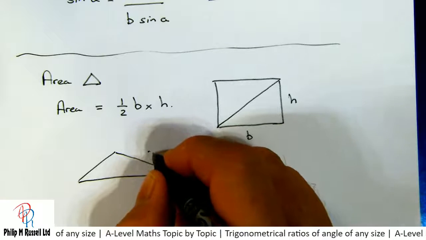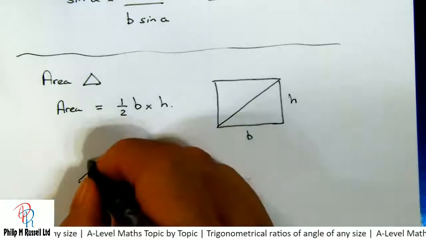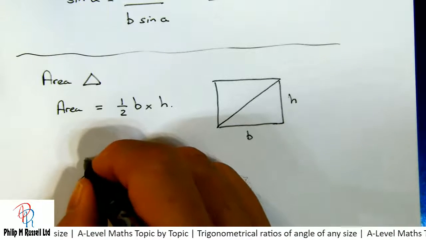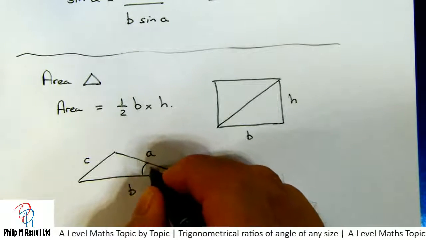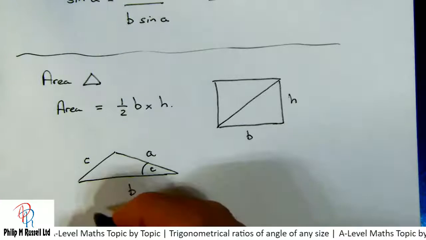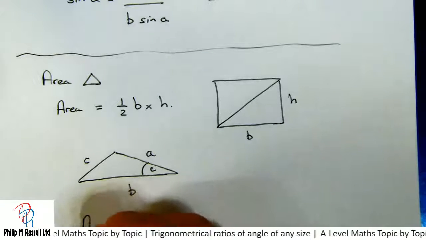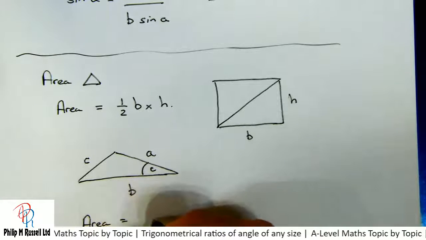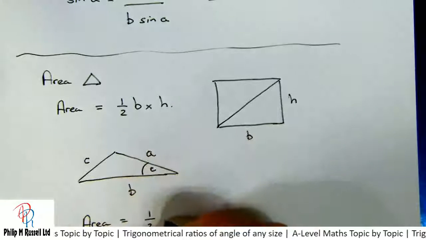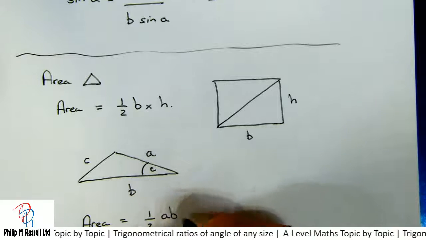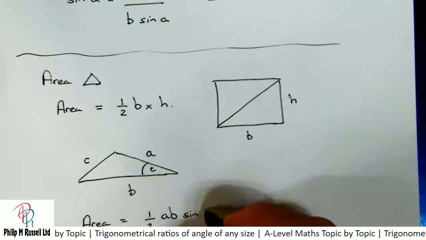So let's have here side A, side B, this will be side C, and we will need to have the angle of C. So this gives us a very similar formula, which is going to be a half of AB times the sine of this angle.